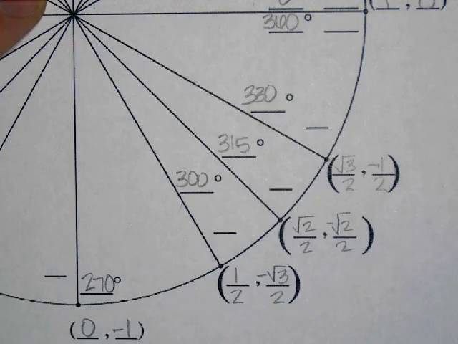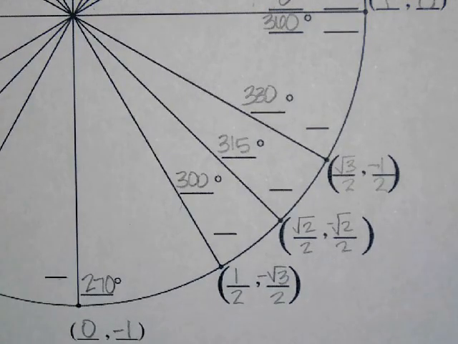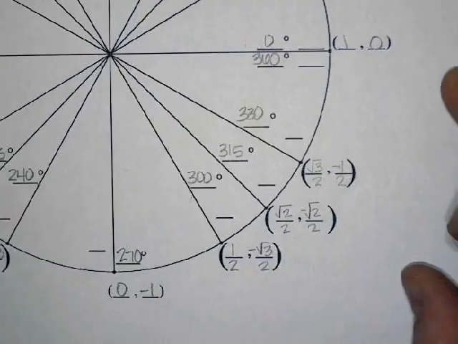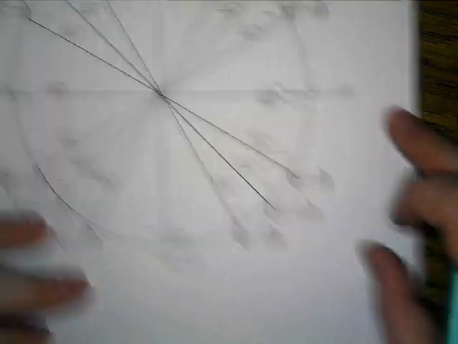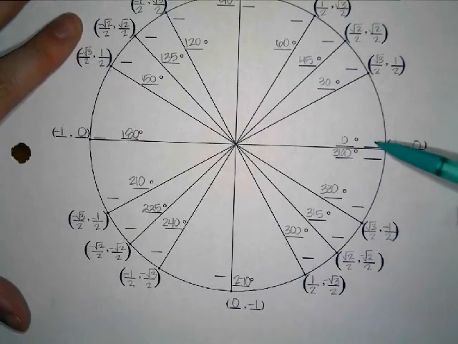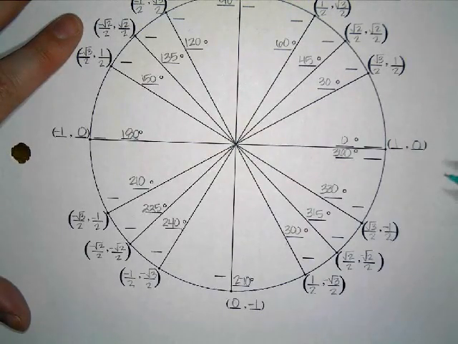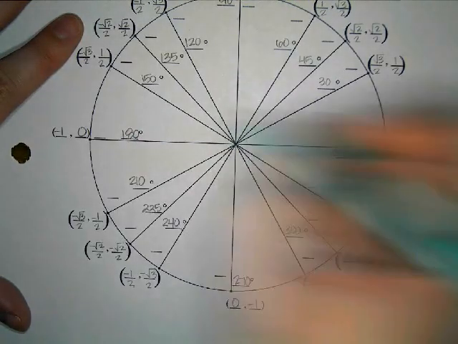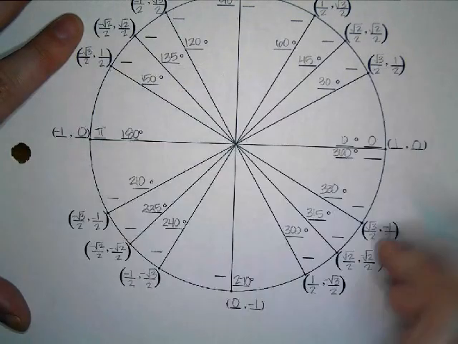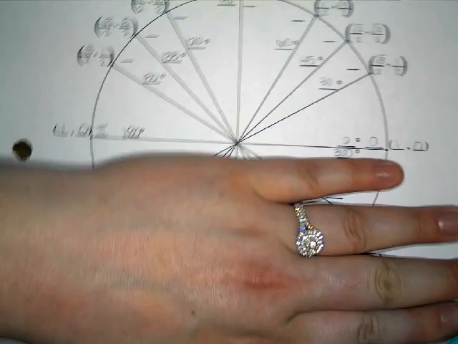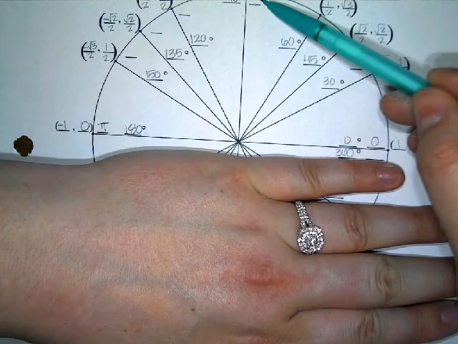Okay, so we're ready for our radians, which is our fractions, right? So can somebody remember what the radians are for 0 and for 180 degrees? 0 and pi, okay? So what fraction am I going to put up here?